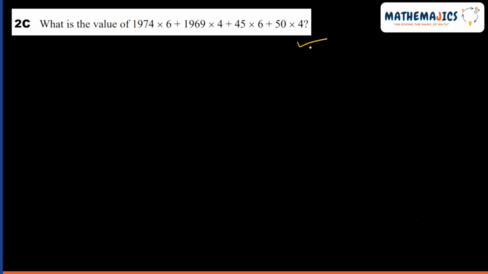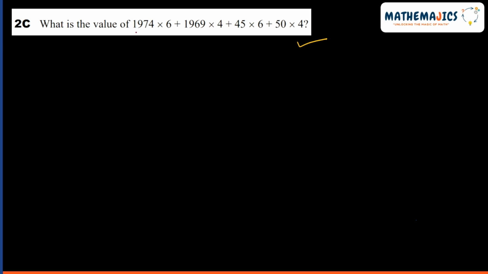So this is our third question, and this question is somewhat similar to the first question. You remember in the first question, we created groups of numbers to solve it easily. In this question as well, we will try to form groups to make our calculation easier. So which two groups can we make?